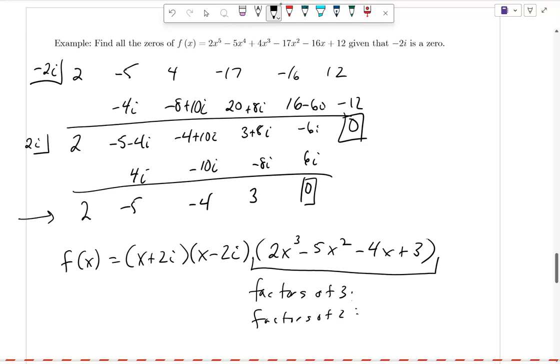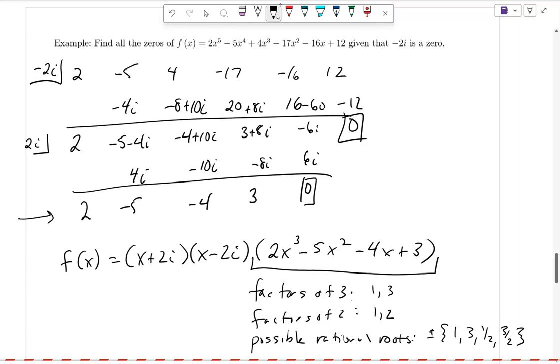What are your factors of 3? 1 and 3, and for 2 it's 1 and 2. So what are your possible rational roots? 1, 1/2, 3, 3/2. Good.